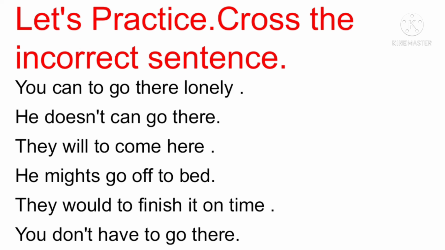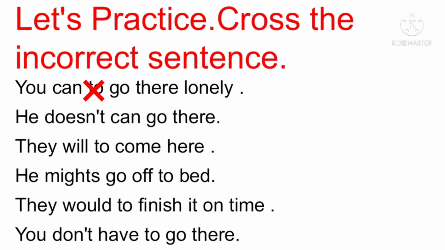Yes, here as you can see, "to" is written, and according to the basic rules I explained, we never use "to" when we are using a modal. After a modal you can't use "to" except with "have to." So how will this sentence be correct then? "You can go there lonely."